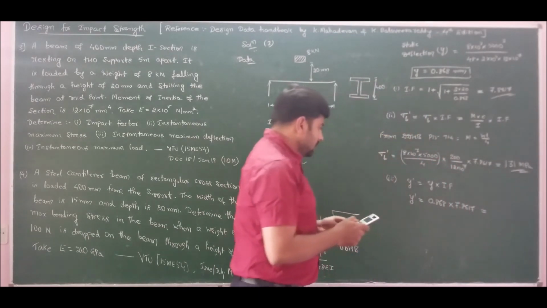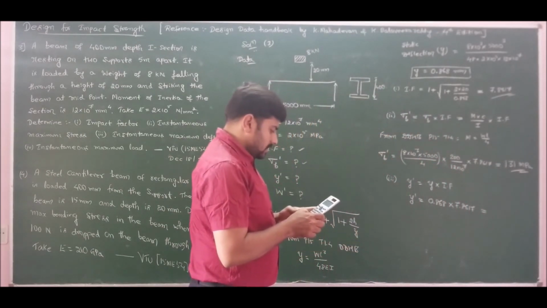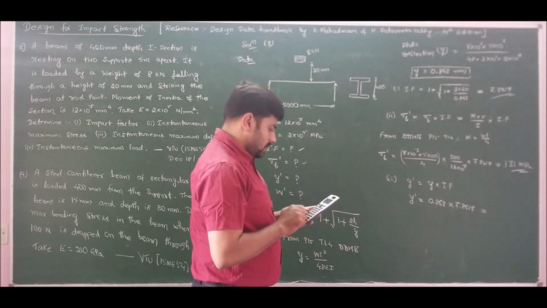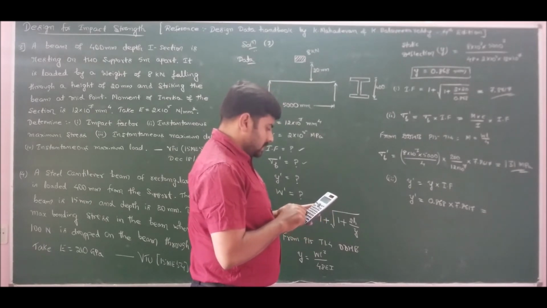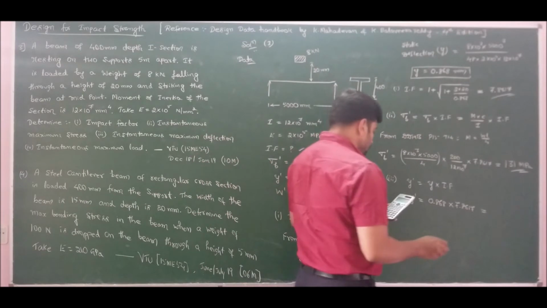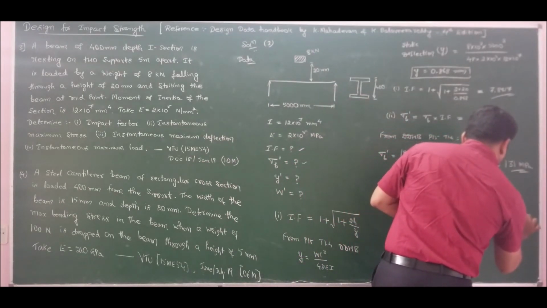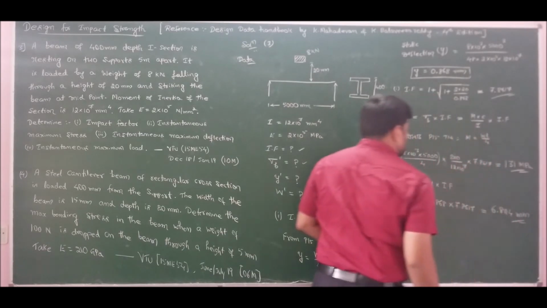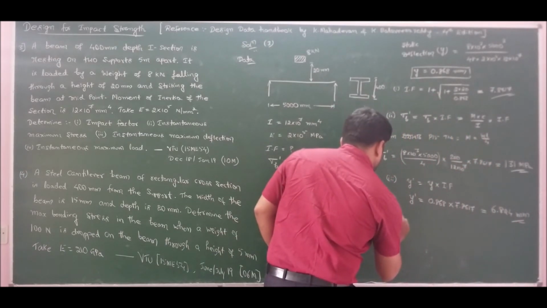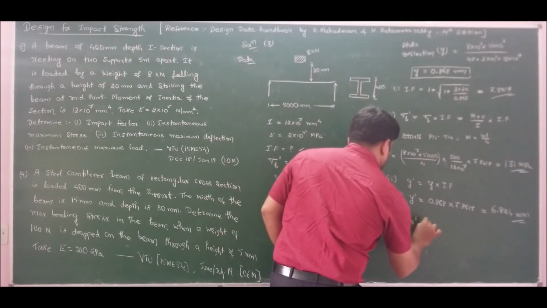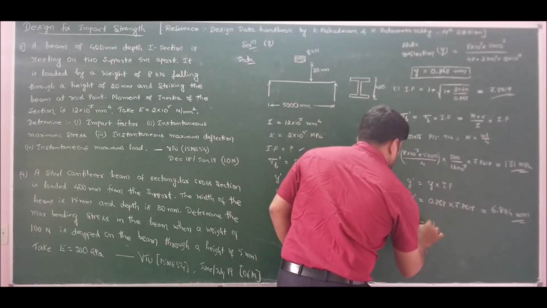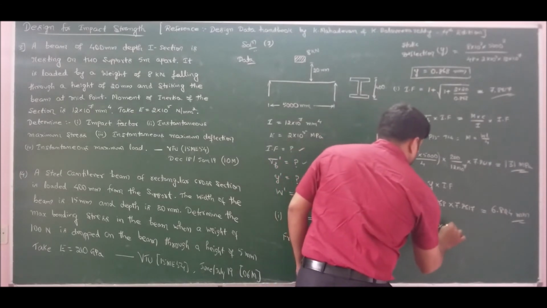If I solve, 0.868 into 7.8617, I get the instantaneous maximum deflection as 6.824 millimeters.